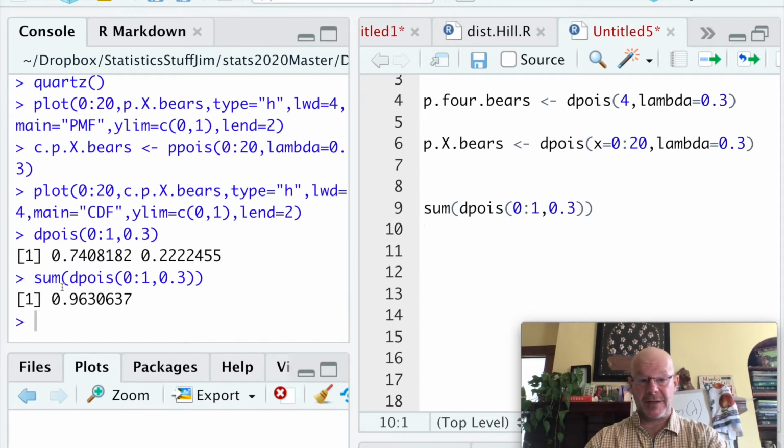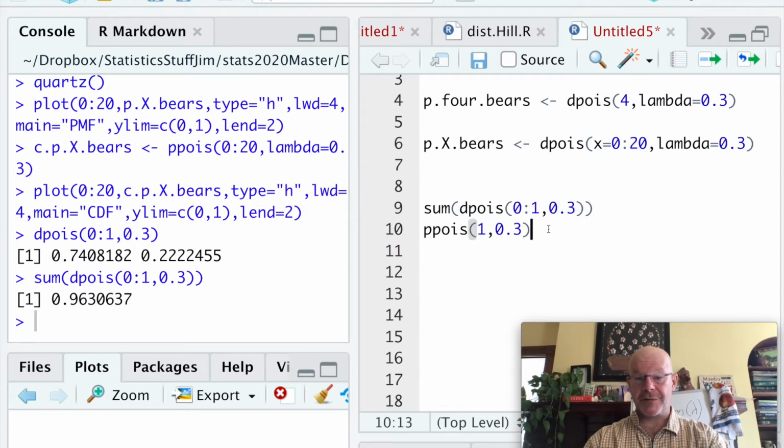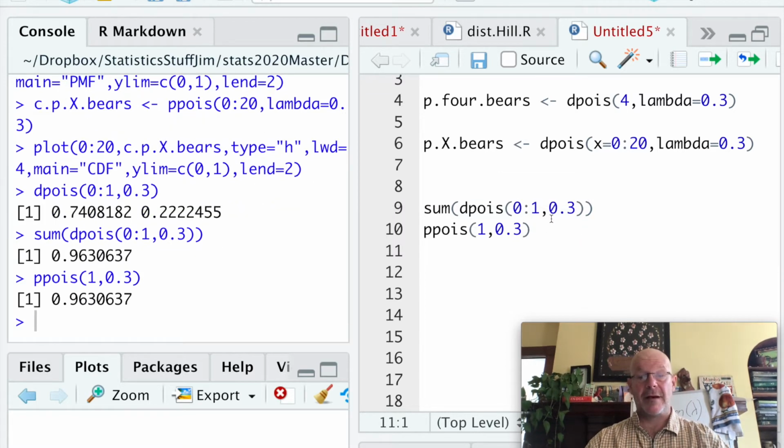that's going to give me the probability that any given random patch I would go to, or hectare I would go to, that's the probability that I'll see 1 or fewer bears. We could do it also using the Poisson function, which we would use just like the binom function, except here it's Poisson, and we would get the exact same answer.